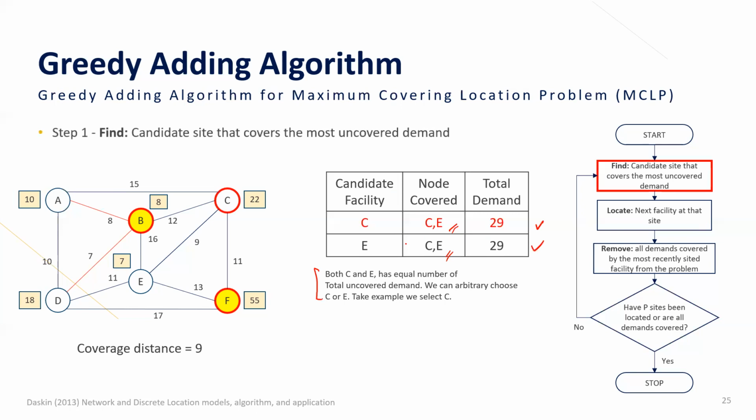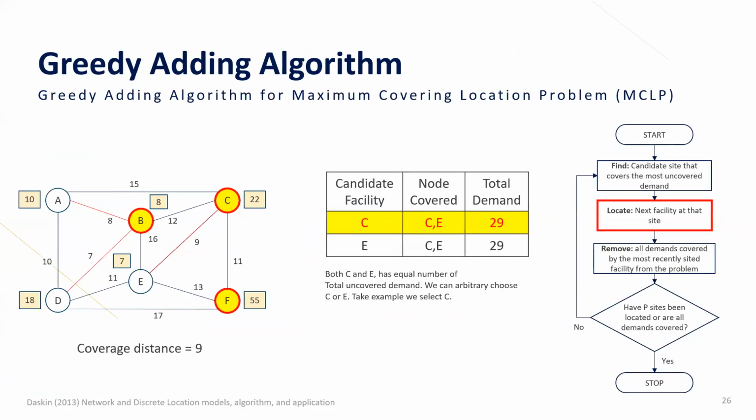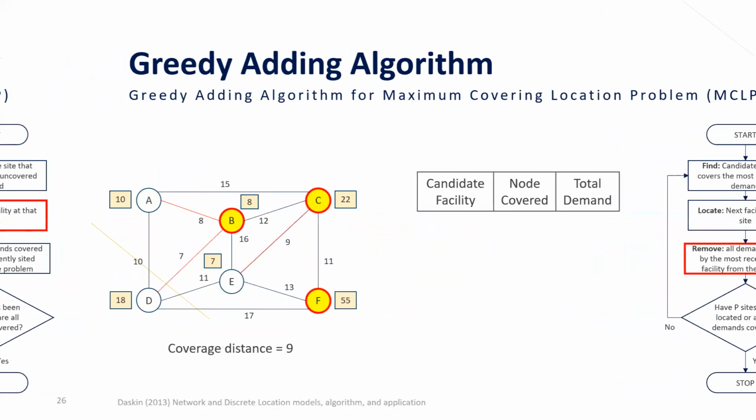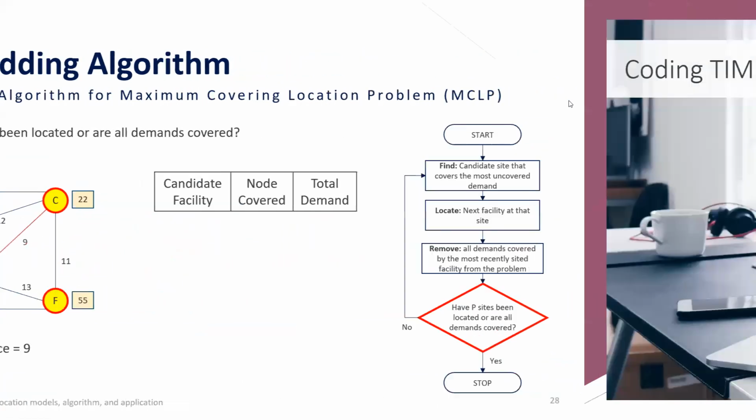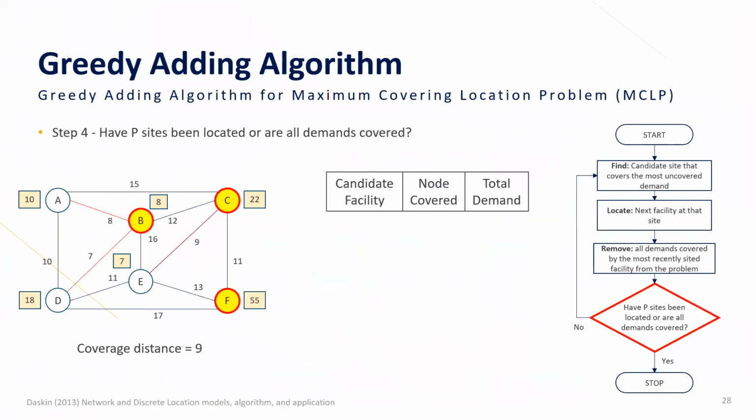It means here, let's say we open C, and then we locate C, and then next we delete all the demands. If you go to the fourth step, actually both conditions are satisfied. You already opened 3 facilities, all the demand is already covered.